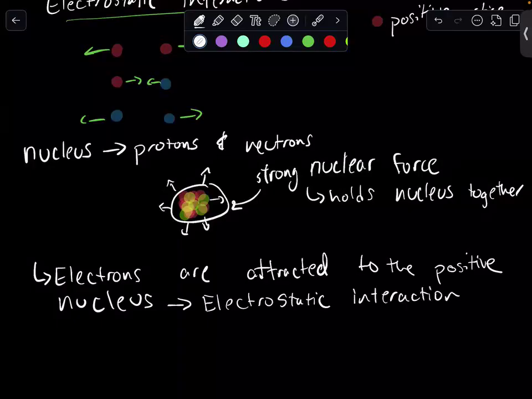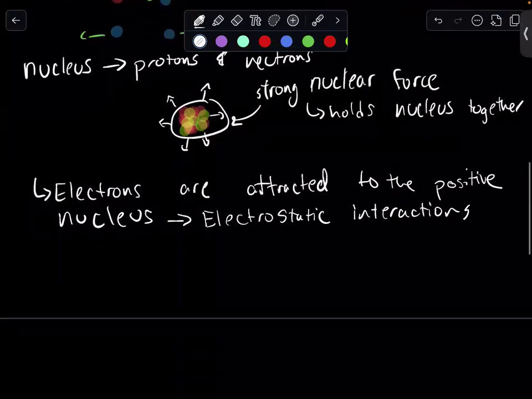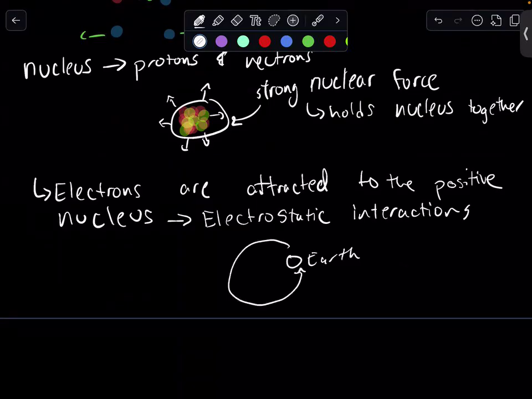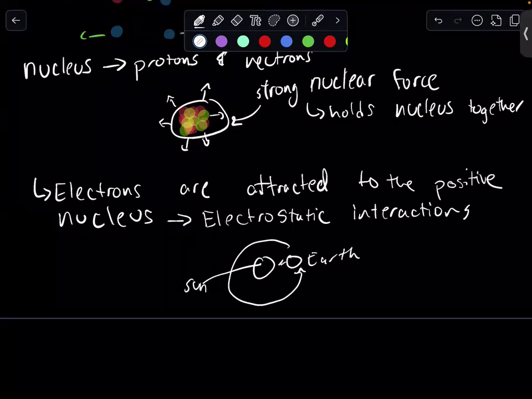And you can kind of think about it like maybe how our planet, Earth, revolves around the sun. The Earth is attracted, it has momentum pushing it forward, and so it kind of makes that revolution.